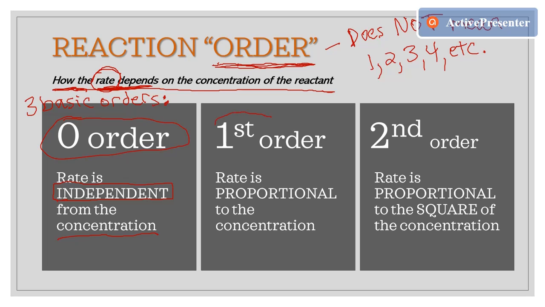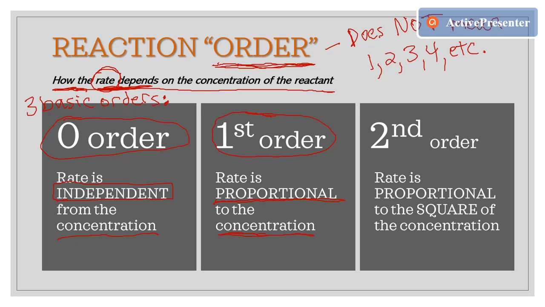Then we have something called the first order. And you'll see how we can figure out what is zero order, first order, and second order in a minute. But in the first order, the rate is proportional, directly proportional to the concentration.